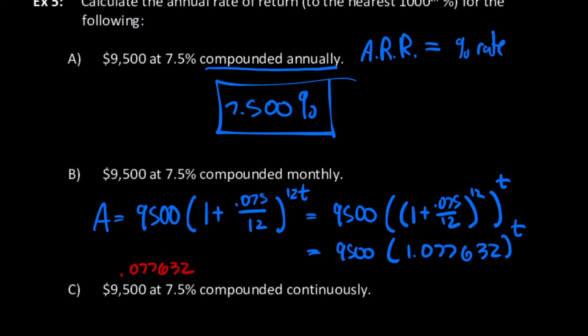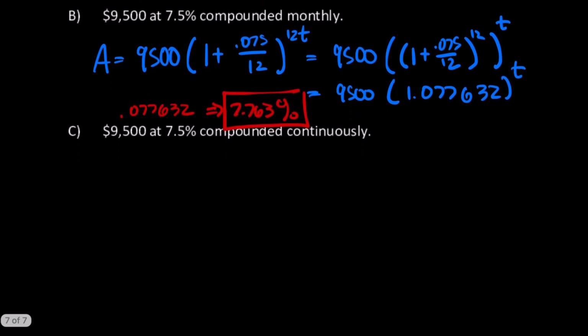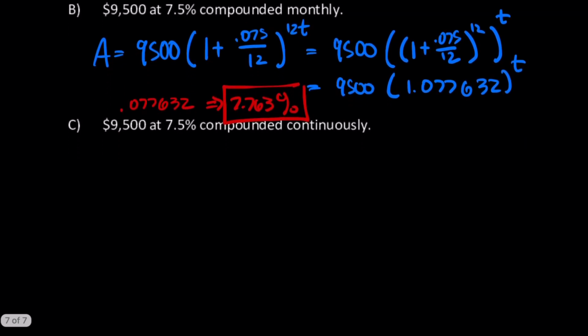That will be my percent increase. Now notice, this said 7.5%, but since you compound it monthly, you end up getting 7.763% increase for the whole year. And that's kind of the cool aspect of compound interest.